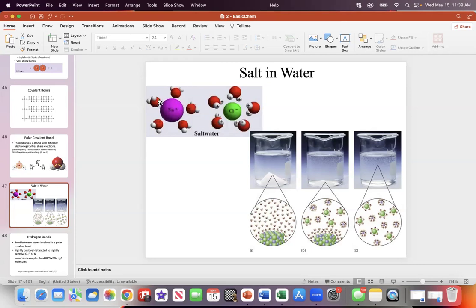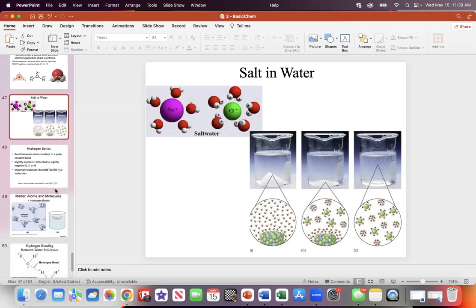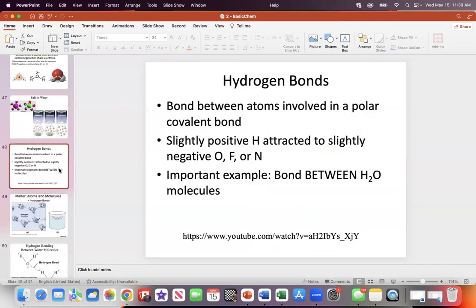Whether you have the cation, which is positively charged, or the anion, which is negatively charged, water will always find a way to surround it, because water has one head partially negative and the hydrogens partially positive. No matter which ion, they can use the head or the hydrogens to face it. So water becomes a perfect solution.